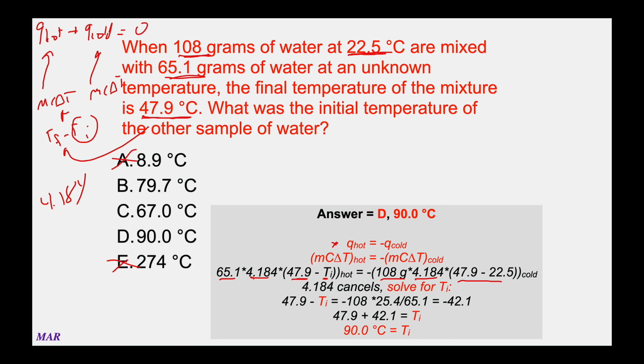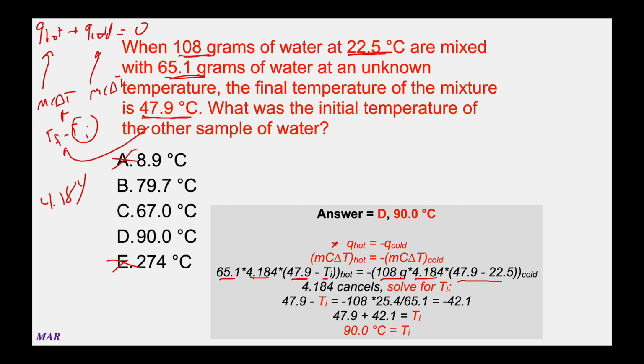And you basically just want to solve for Ti. Now, the whole right-hand side is just going to be a number, all right? And the left-hand side, you can reduce down quite a bit, all right? Like 65.1 times 47.9 is some number. And then that also times Ti is what you want to do here.